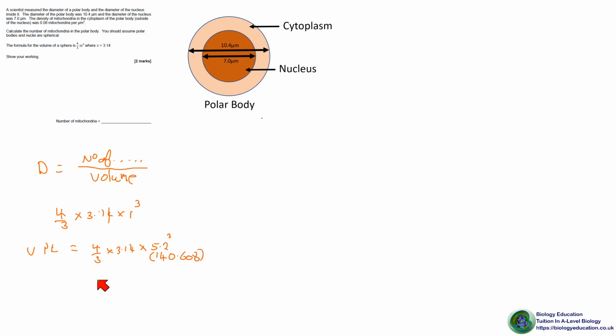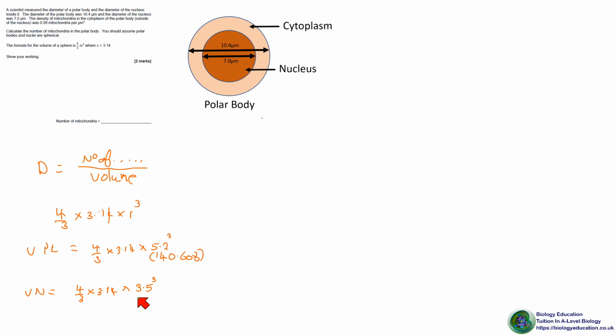140.608. The volume of the nucleus is 4/3 times your 3.14, and the radius there would be half of 7, which is 3.5, and then you have to cube that.